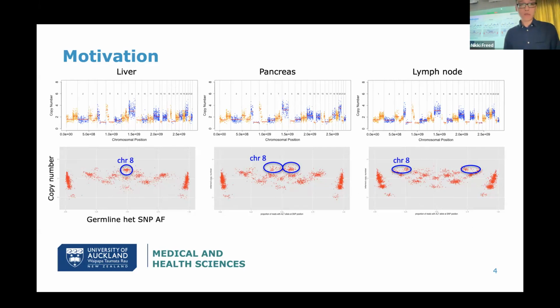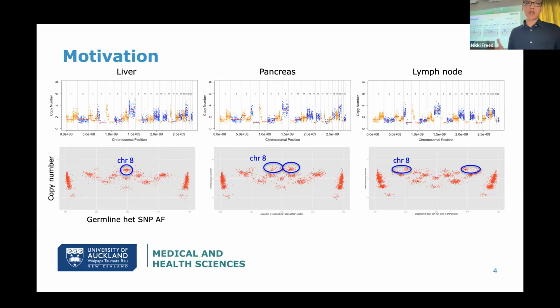variable, right? So the only differences that we can see among the 3 tumors is the allele frequency on chromosome 8. So on the bottom row, you have the germline heterozygote SNPs allele frequency plotted against the copy number. So chromosome 8 is highlighted with the circle. As you can see that the different tumor has a change in allele frequency.